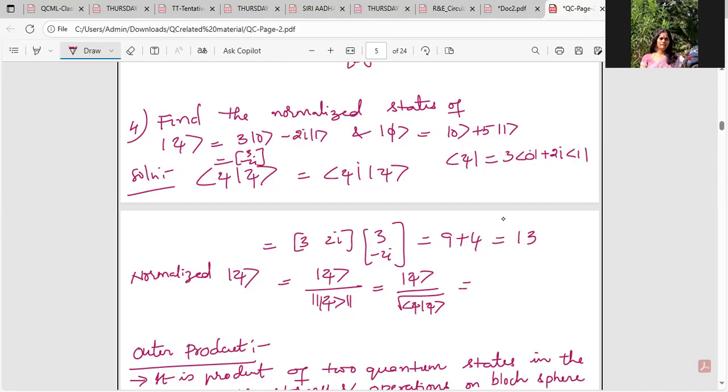Ket xi is nothing but 1 by root 13 times 3 minus 2i. This is equal to 3 by root 13 minus 2i by root 13. Okay, this is how I normalize ket xi. Of course, you can go with normalizing ket phi as well.